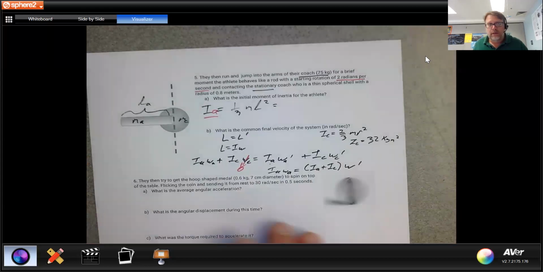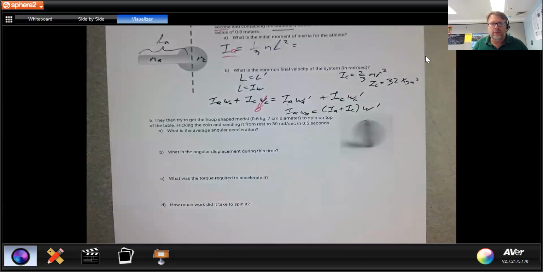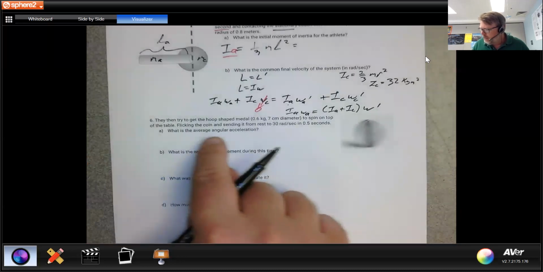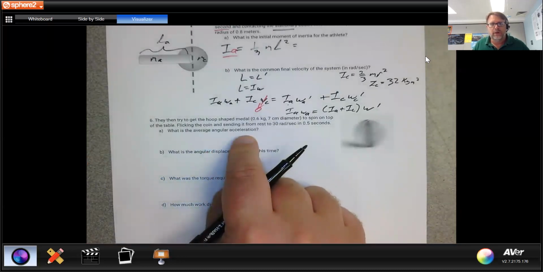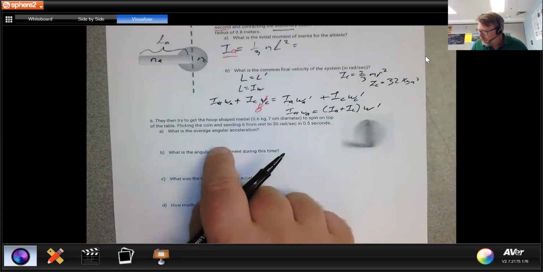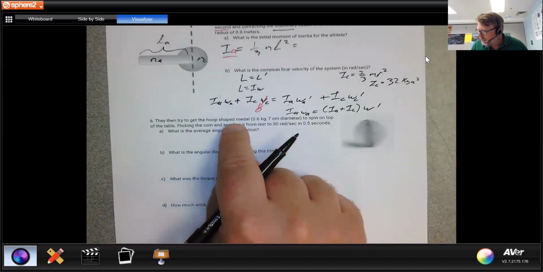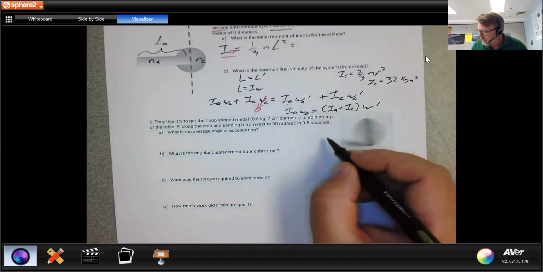All right. Last but not least, number 6. What is the average angular acceleration? And what are we trying to look at? Then they tried to get a hoop-shaped metal. So we have a hoop here.